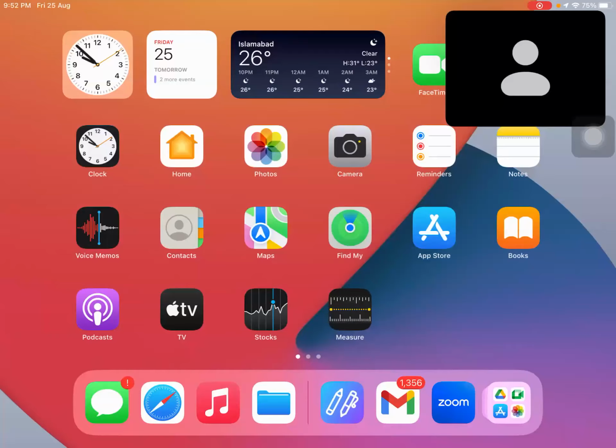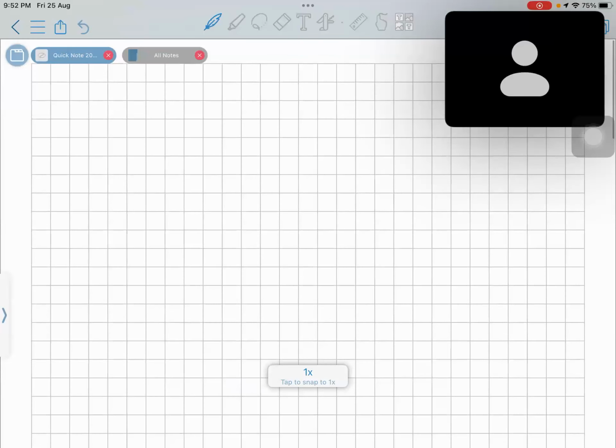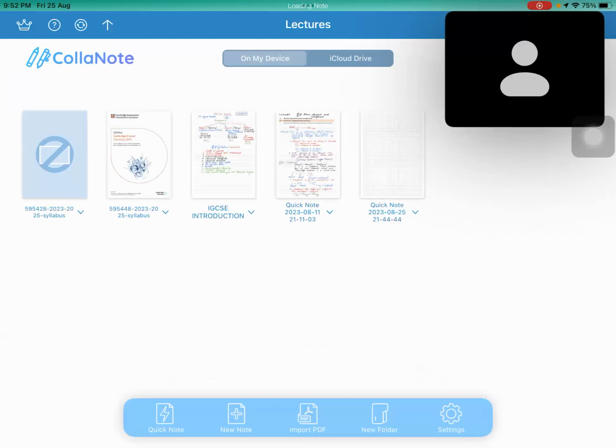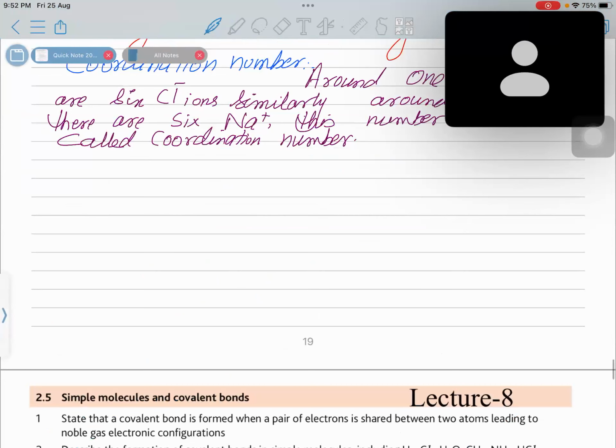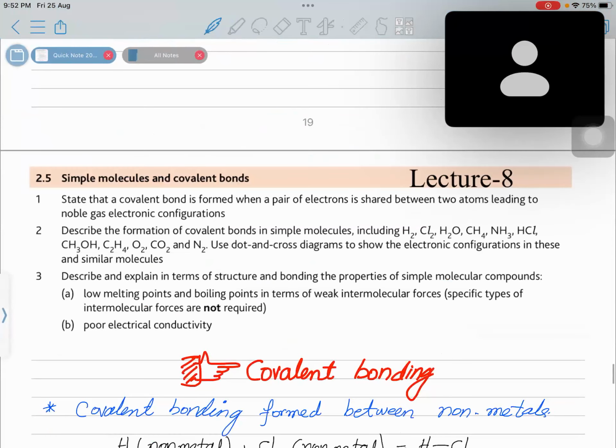Now, syllabus again. So, topic number one: state that a covalent bond is formed when a pair of electrons is shared between two atoms leading to noble gas electronic configuration. Describe the formation of covalent bond in simple molecules: hydrogen, chlorine, water, CH4, NH3, HCl.